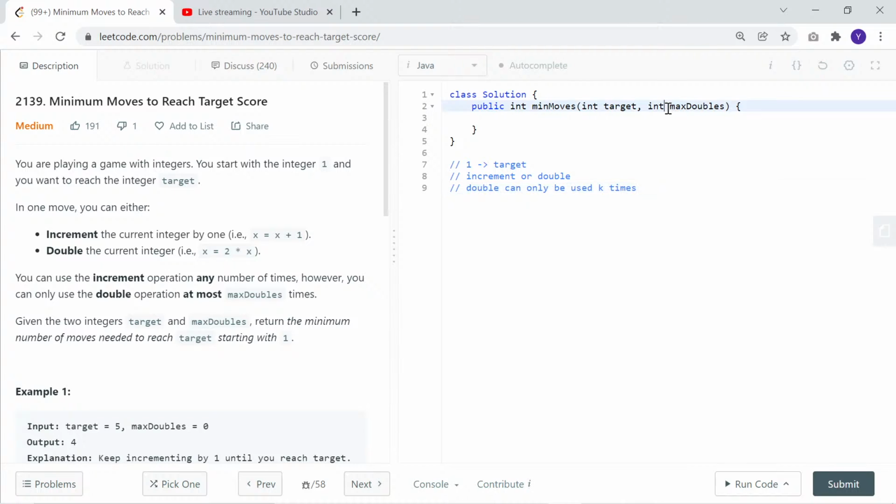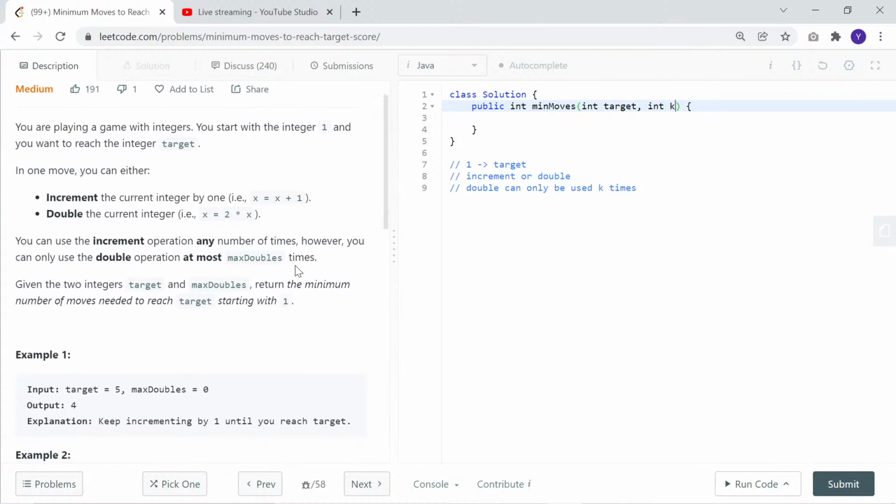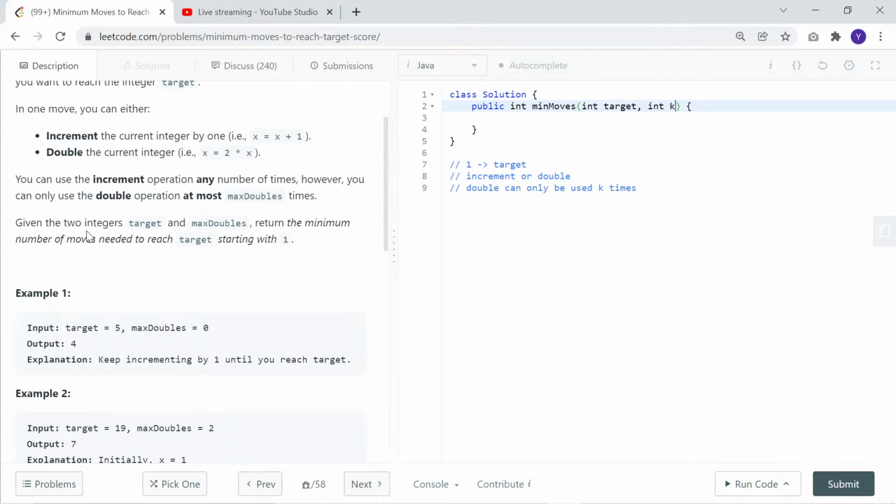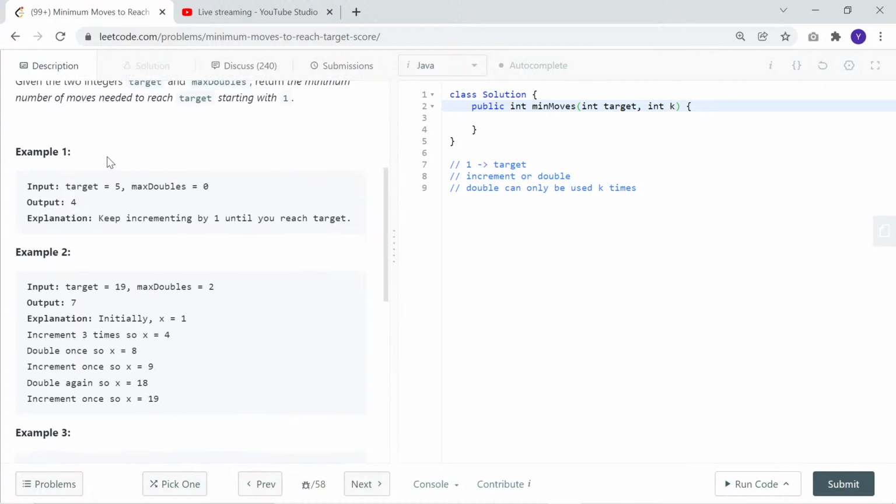We can change the input to k to save some typing. So given the two integers target and k, return the minimum number of moves needed to reach target starting with 1.